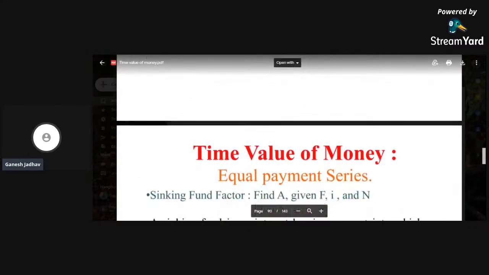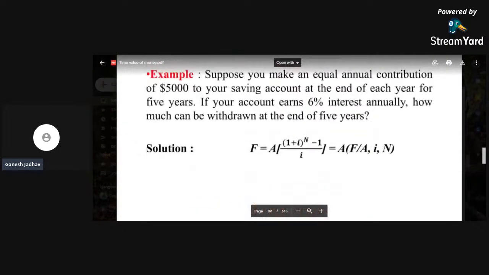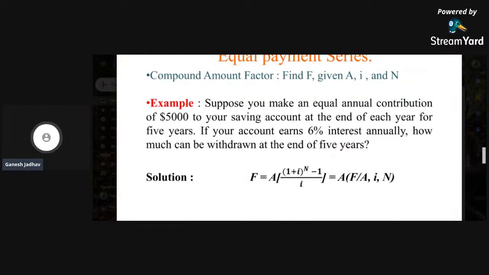So this is the formula. You can calculate your future value with the formula A times the bracket (1 plus I) raised to N minus 1, divided by I. So you need the value of A, the value of I, and the value of N, and you can calculate easily.